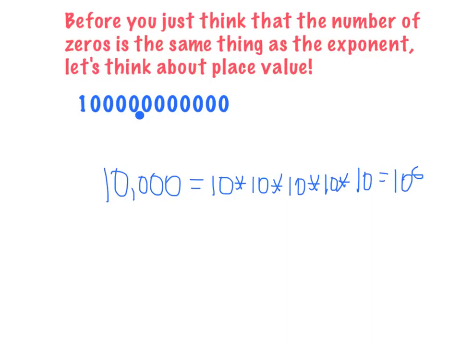So what we actually did here was move the decimal point over 1, 2, 3, 4, 5 places. 5, and we moved it over 5 places.